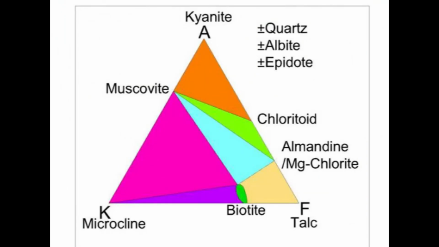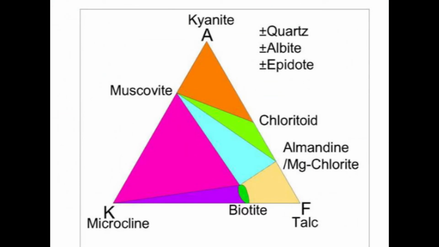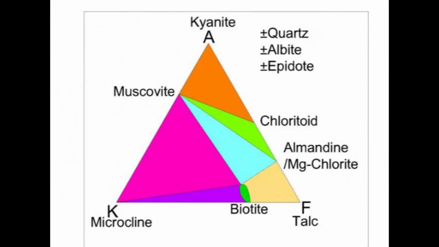Sixth assemblage is your almandine, biotite plus or minus epidote plus or minus muscovite plus or minus albite and plus or minus quartz, is also known as almandine biotite schist. Seventh assemblage is your chlorite plus biotite plus or minus epidote plus or minus muscovite and plus or minus albite, quartz, known as chlorite biotite schist. Eighth is your biotite, microcline plus or minus muscovite plus or minus epidote, quartz and albite, also known as biotite schist.